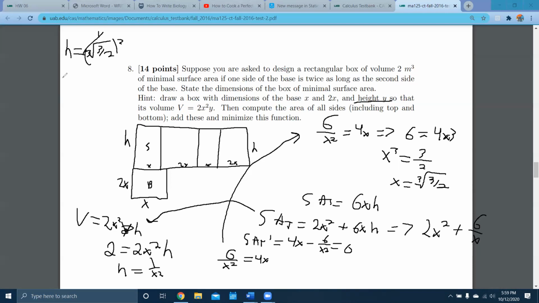We get that our length, or x, straight x, is equal to just the cube root of 3 halves. And finally, we get that our width is 2 times the cube root of 3 halves. And there we go. That's that problem.